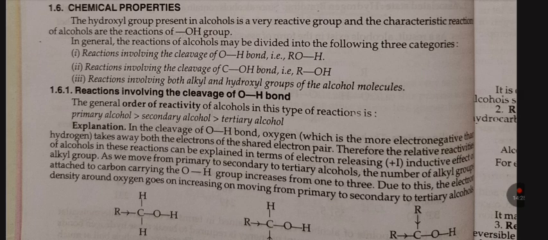The general order of reactivity of alcohol in this type of reaction is primary alcohol, then secondary alcohol, and then tertiary alcohol. Explanation: in the cleavage of the O-H bond, oxygen takes away the electron of a shared electron pair. Therefore, the reactivity of alcohol in this reaction can be explained in terms of the electron releasing inductive effect of the alkyl group.